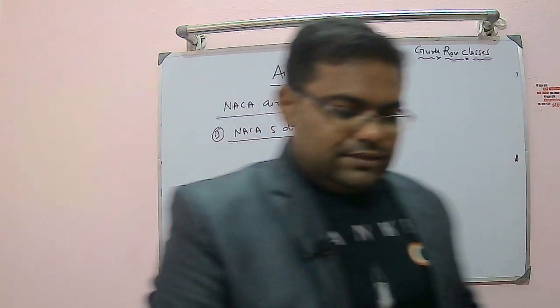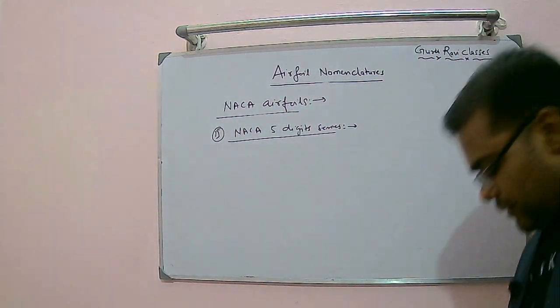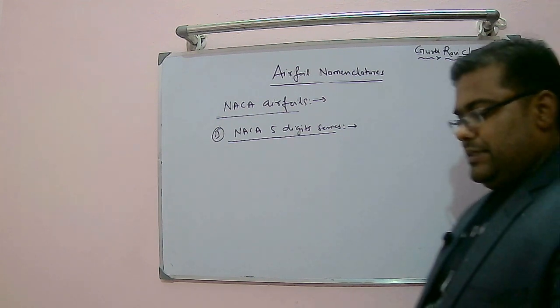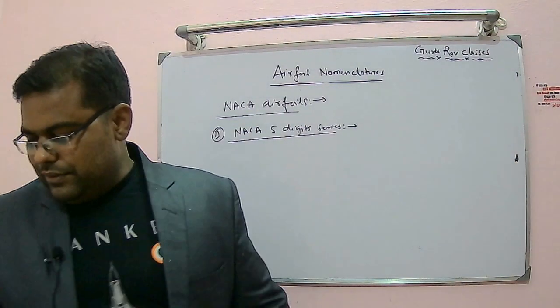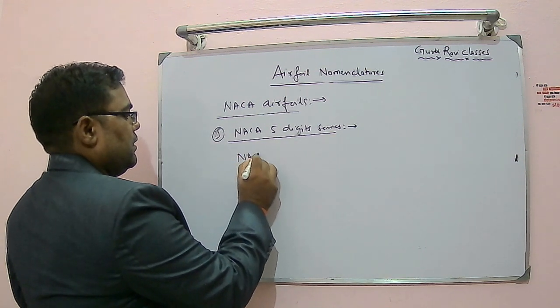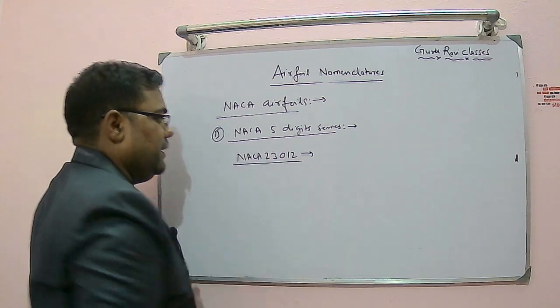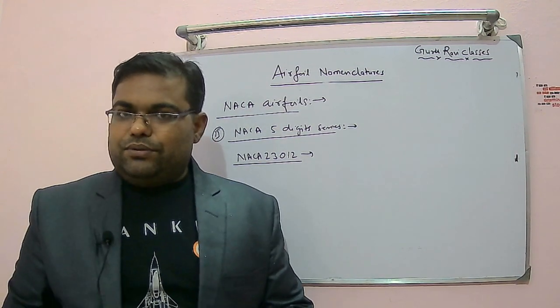Immediately after that, NACA developed the second family of airfoil, known as the NACA 5-digit series. For example, I will take NACA 23012. Here it has 5 digits, if you look at it.